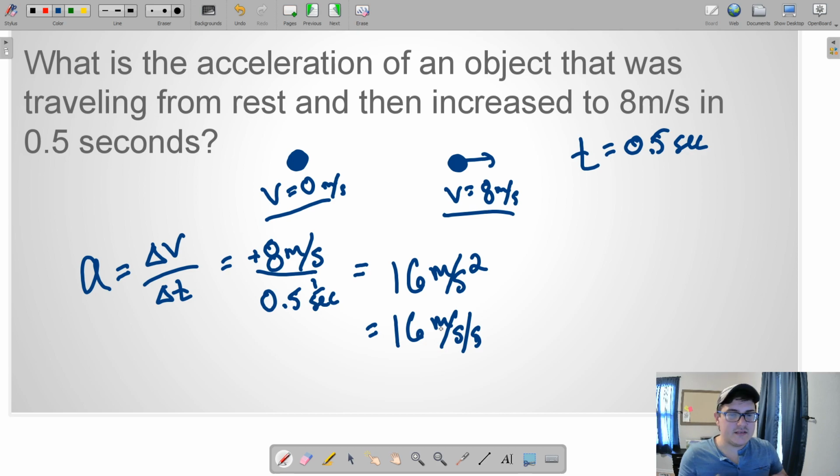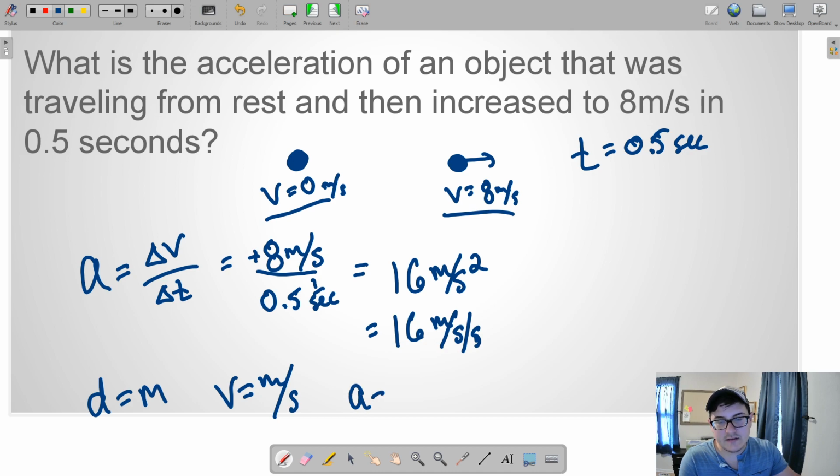Both of these annotations mean the same thing: since the seconds didn't cancel out, it became squared. So acceleration is in the units of meters per second squared. Displacement is in meters, velocity is in meters per second, and acceleration is in meters per second squared.